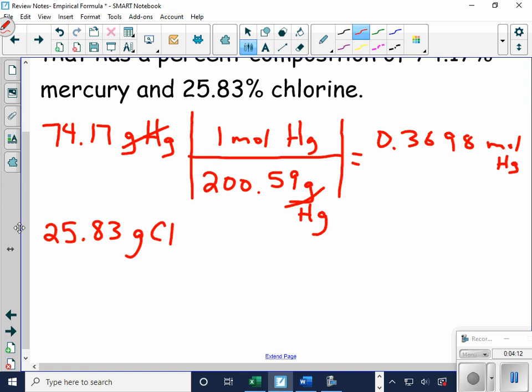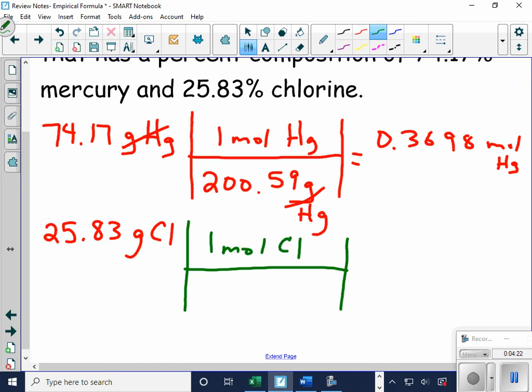I'm going to do the same thing with my chlorine here. So I'm going to set up my conversion bracket. I know that 1 mole of chlorine has a mass of 35.45 grams of chlorine. My grams will cancel.